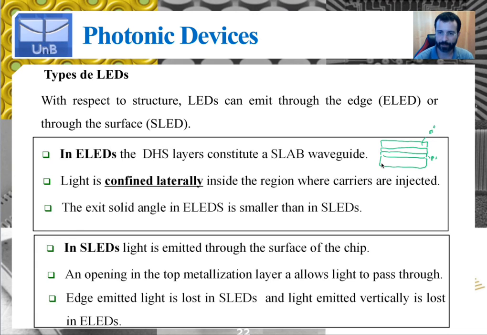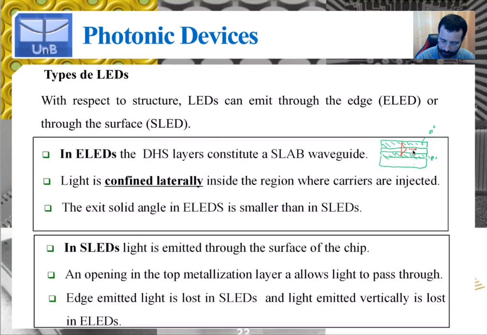Now remember that in a double heterostructure, the band gap of the external layers, which are on either side of the active layer, is larger, and this means that the refractive index is usually smaller. Therefore, the active layer will have a higher refractive index, and it will be able to confine an optical mode, a transverse mode here.